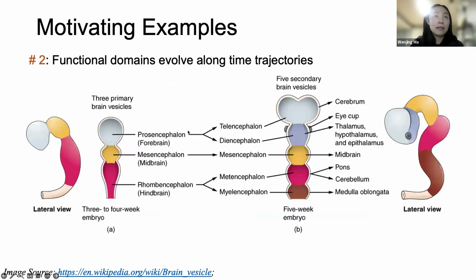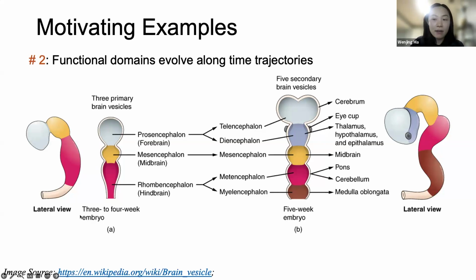Another quick example is also about brain development. At a higher level of brain structure, in the earlier stage there will be just 3 primary brain vesicles, and later in development they divide into 5 secondary brain vesicles.